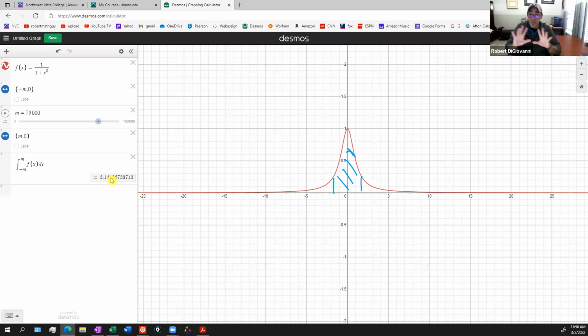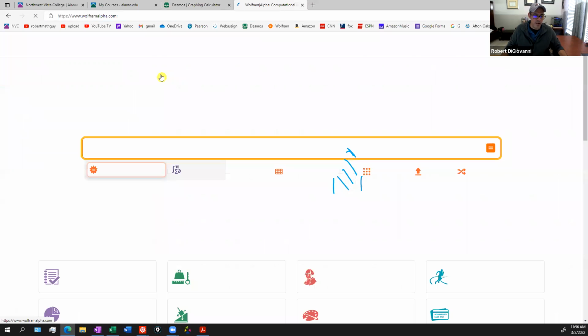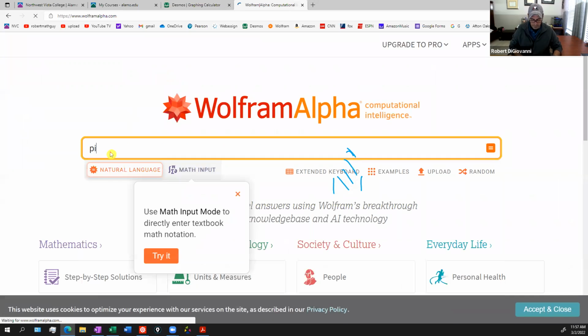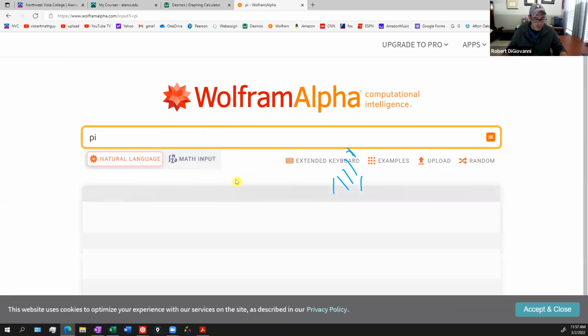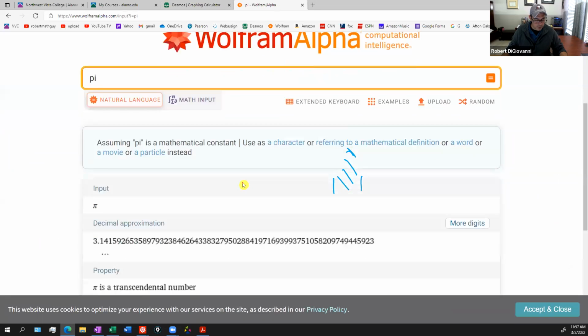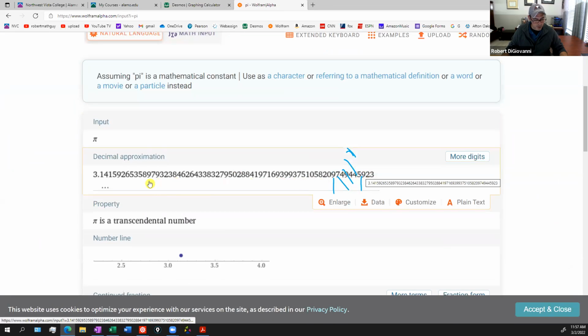In fact, check this out. If I go to Wolfram Alpha and type in pi, right? It's going to give me the decimal of pi. Oh, wow, it gave me a bunch of digits. 3.1415926, right? We could get these digits if we wanted to.